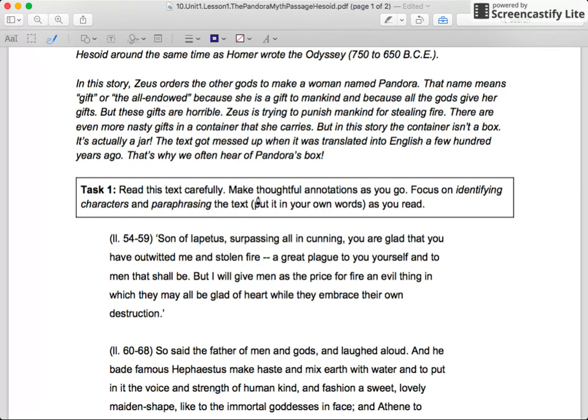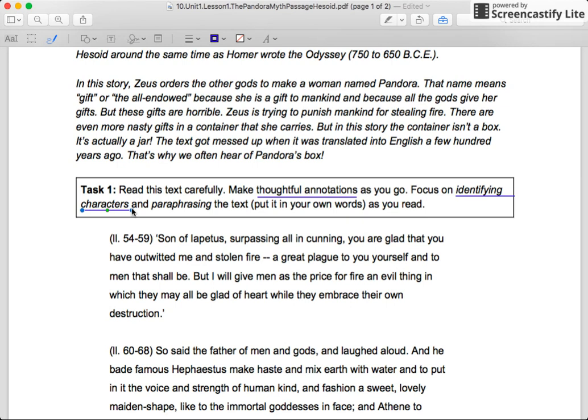First of all, I want you to make sure that you're making thoughtful annotations as you go. This is really important. The text that we're reading this year, just like the text that we finished up last year with, are challenging, and it will help a lot if you can make thoughtful annotations. And just like when we read the Odyssey, it's going to be really important to do two specific things with this text. First of all, you're going to need to work on identifying characters. Like we saw in the Odyssey, many of these characters are going to be called by multiple names.